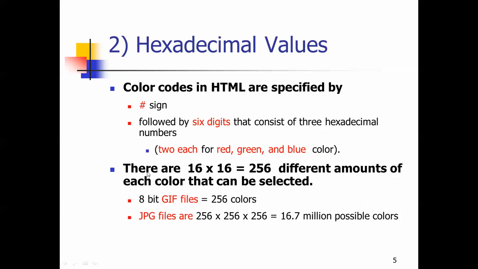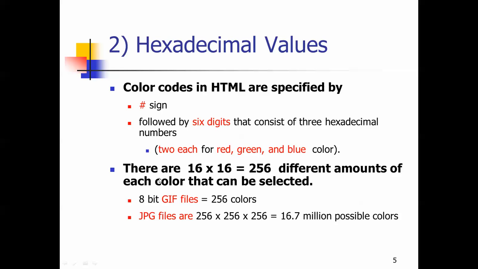Now, in hexadecimal values, the color codes in HTML are specified by a pound sign before the color. And the color is defined by 6 digits that consist of 3 hexadecimal numbers. 2 numbers each for red, 2 for green, and 2 for blue color.